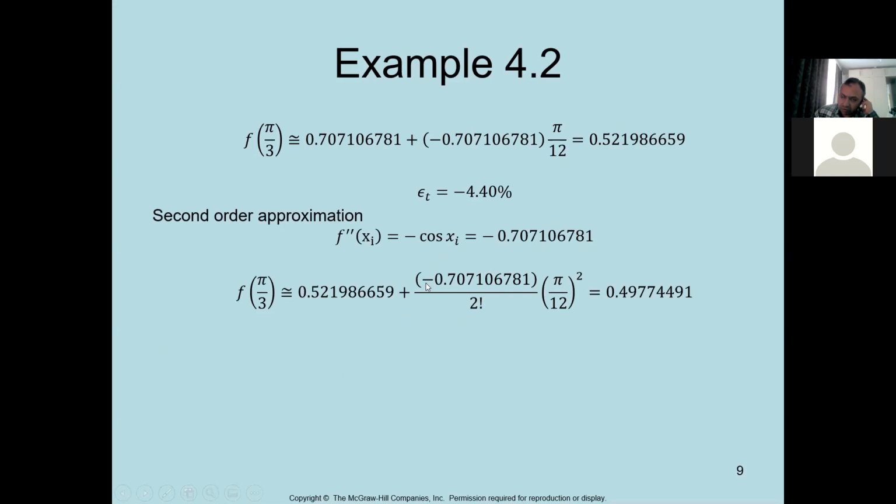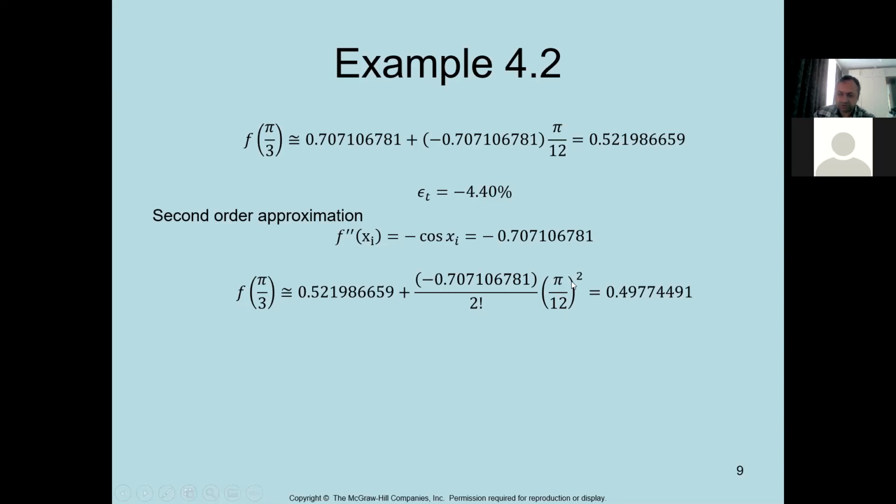Now, instead of writing a full Taylor series, what we can do is use the value previously calculated and then add the additional term in that approximation, which is the second order derivative divided by 2 factorial, multiplied by h squared, where h is pi by 12.